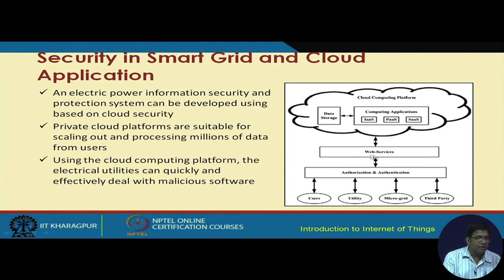Authorized data, secure data can be fed in and can be stored at the cloud end, and the other direction also the same way, because we have these different models of the cloud, IaaS, PaaS and SaaS, and these data can be basically shared bidirectionally between these devices and the cloud models, and that way these intermediate components and the layers can be made much more efficient and secure, thereby making the system much more secure than the traditional smart grid. So cloud basically helps in a big way in the security process.